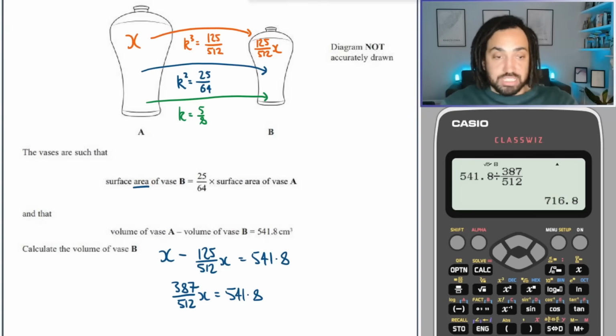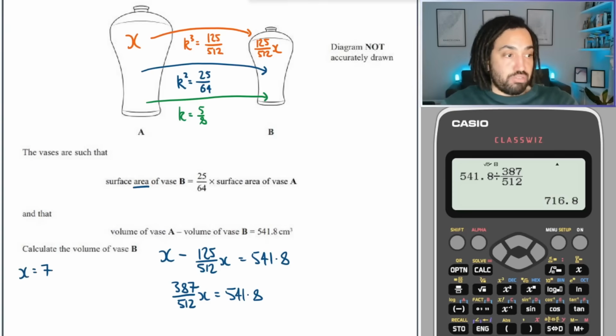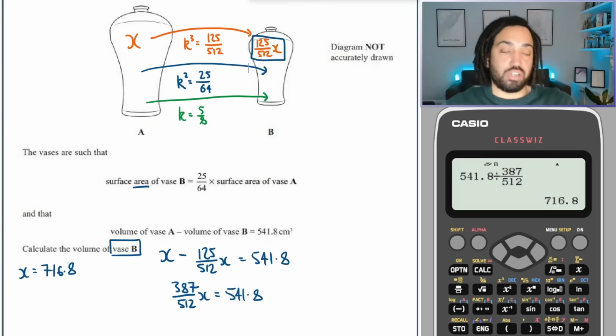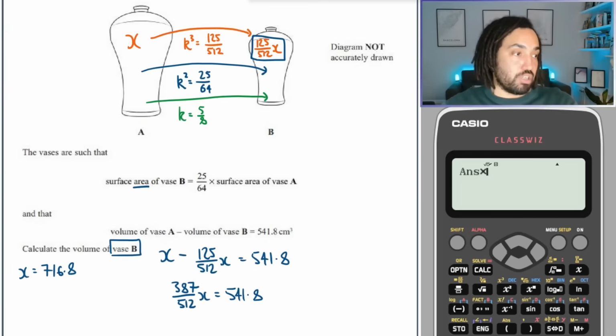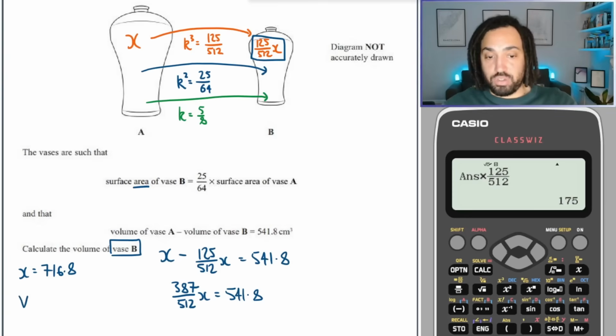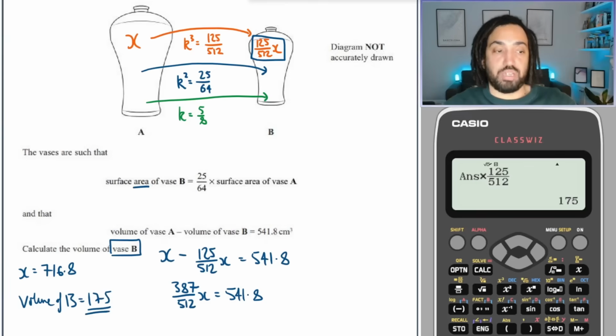Okay, so great. So that tells me that x is equal to 716.8. But that's not what we're trying to find. We're trying to find the volume of vase B, which we knew was x times 125 over 512. So I have to times it by 125 over 512. And that gives me the volume of B is equal to 175. Perfect.